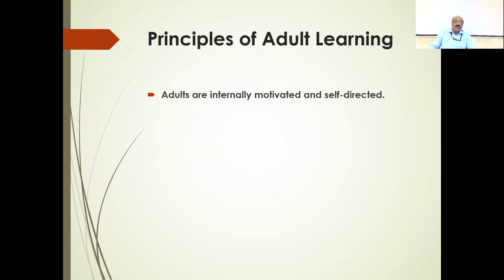Adults need to be free to direct themselves. So the teachers or providers must actively involve participants in the learning process and serve as facilitators rather than didactic teachers. They must guide participants rather than supply them with facts. They must get participants' perspectives and give them the flexibility to work on projects that reflect their interests.